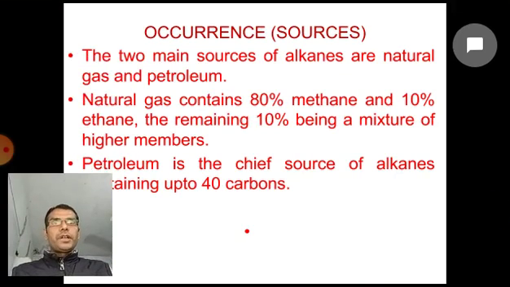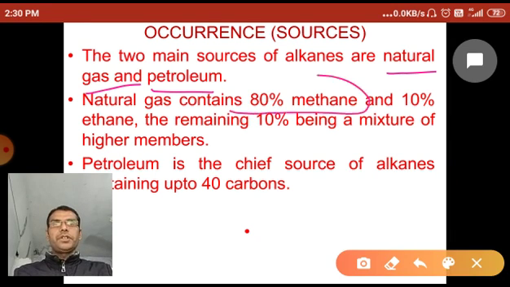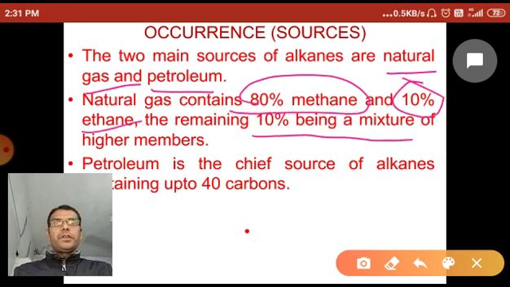Now the occurrence of the alkanes. The two main sources of the alkanes are number 1, natural gas, and number 2, petroleum. Natural gas contains 80% methane and 10% ethane, and the remaining 10% is a mixture of higher members of the alkanes.